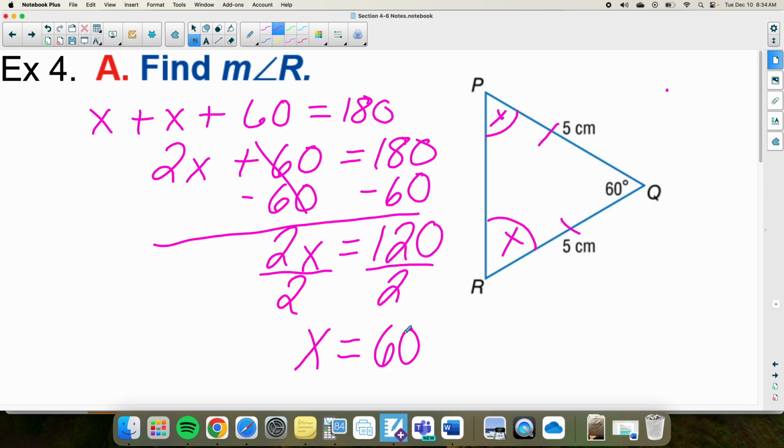Now, I will tell you guys this. If you have one angle that's 60 and the other two angles are congruent, they're going to all three be 60, okay, automatically.